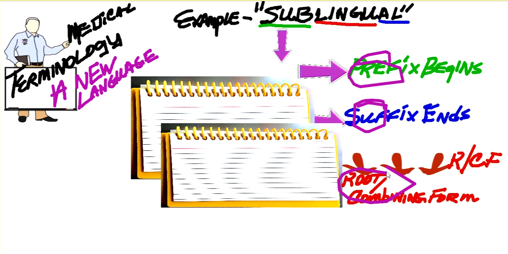But what's really important here is that we know that the prefix is the beginning of a word, the suffix is the end of the word, and that we use a root or a combining form or a vowel to connect them.